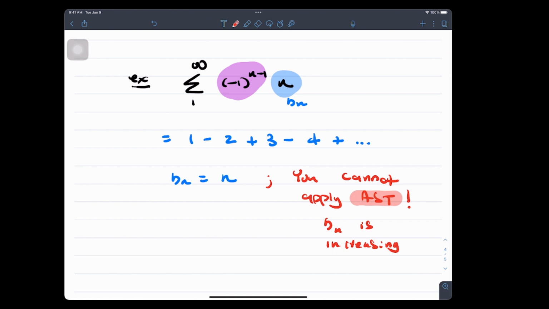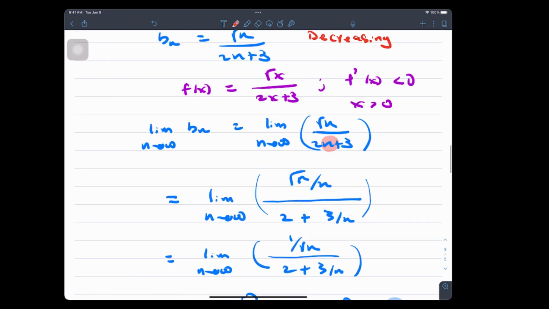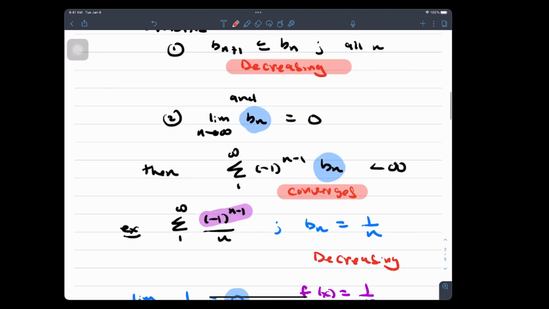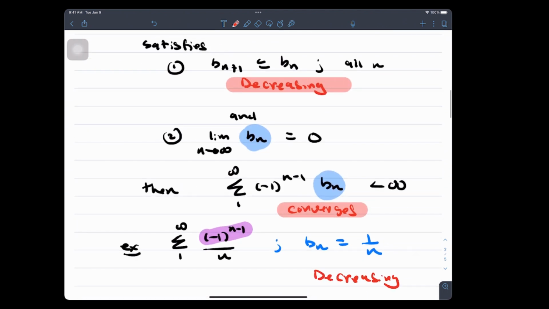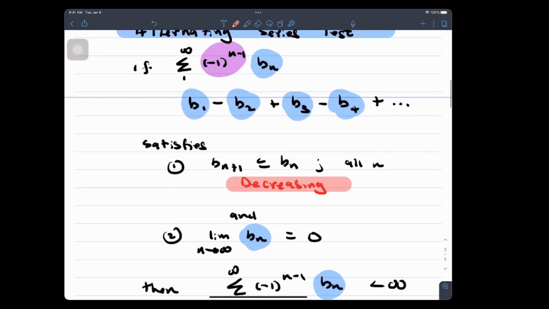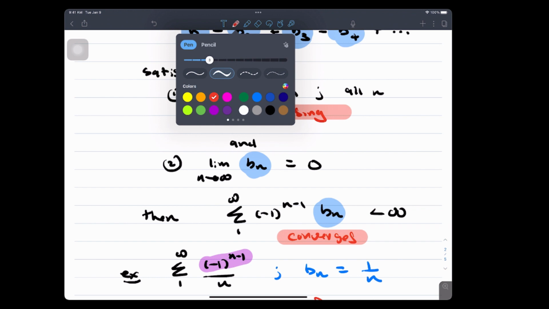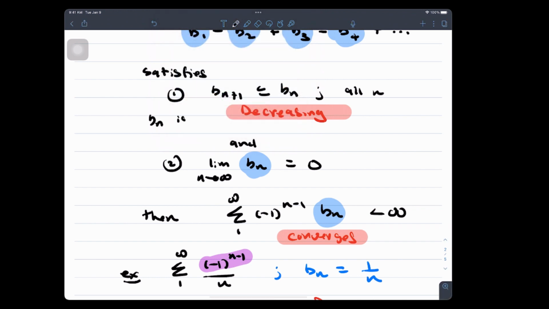Because remember, this is an if-then statement. If you have all of this, then you must be decreasing, right? You have to have a decreasing series. This means Bn is decreasing, by the way. Let's write it down that way. Another way to say Bn is decreasing. So you're violating the assumptions. You're violating the assumptions.